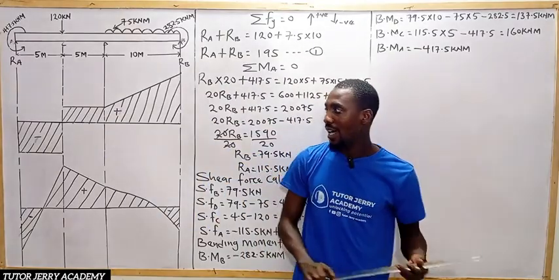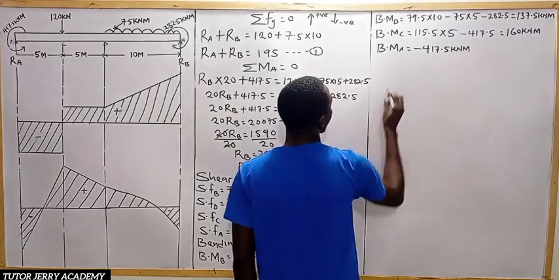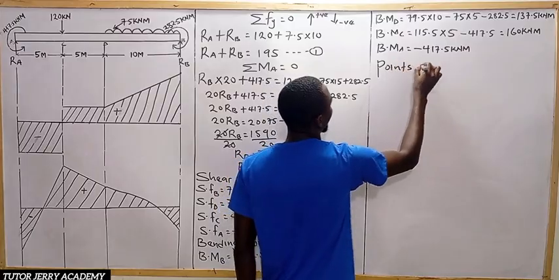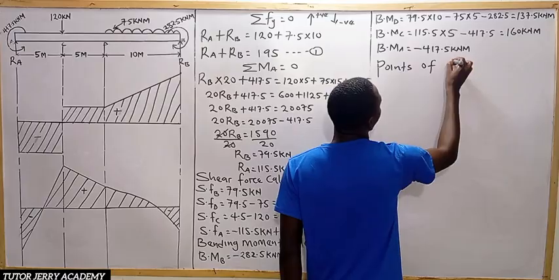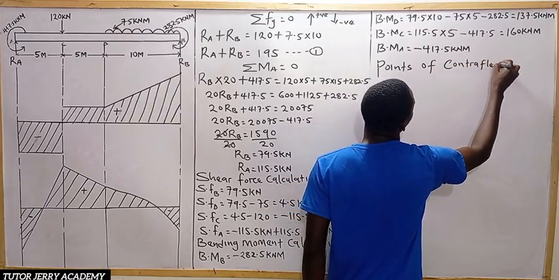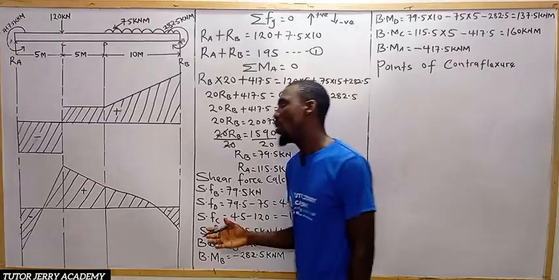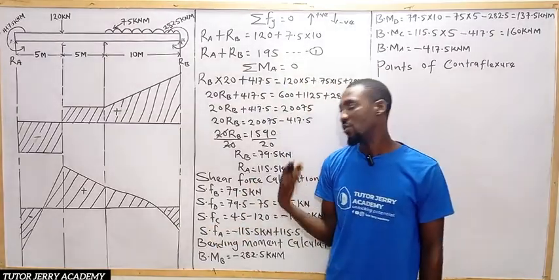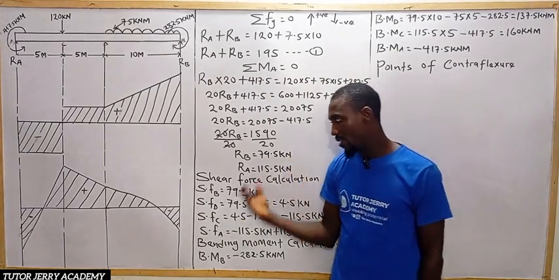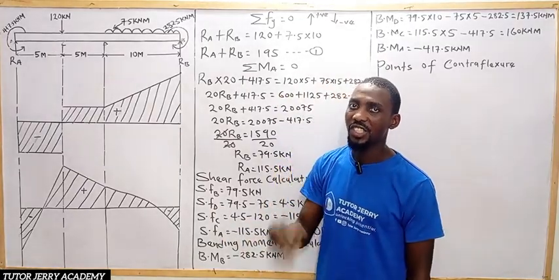Now let's consider our point of contraflexure. If you look at this diagram well, you see we have two points of contraflexure, because the point of contraflexure is the point where our bending moment is equal to 0 as it changes its sign.